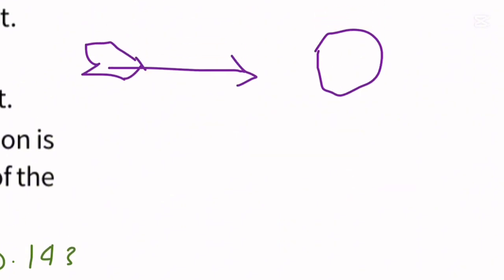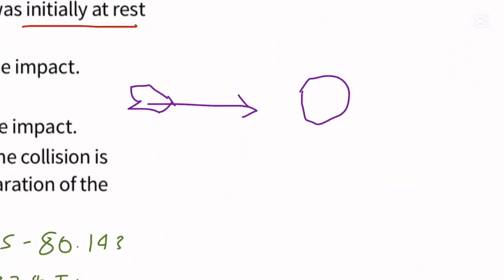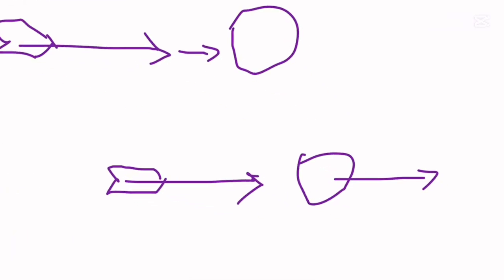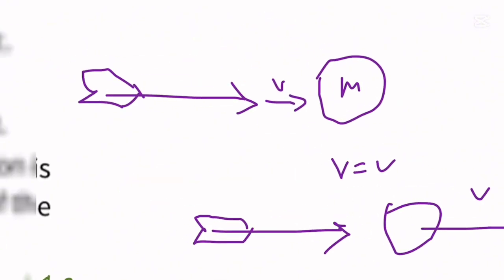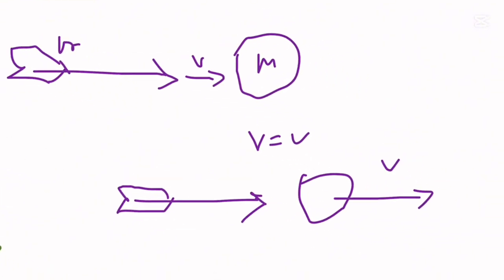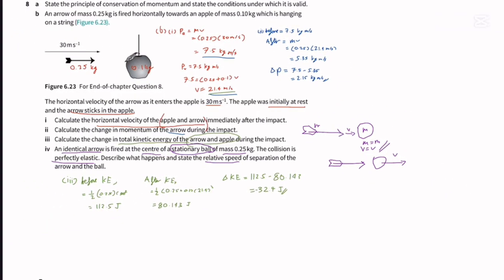So the arrow will stop moving, and then the ball will pick up and go in the same direction as the arrow with the same velocity, since the masses of the two objects are the same. So that's why it works, and it's perfectly elastic.